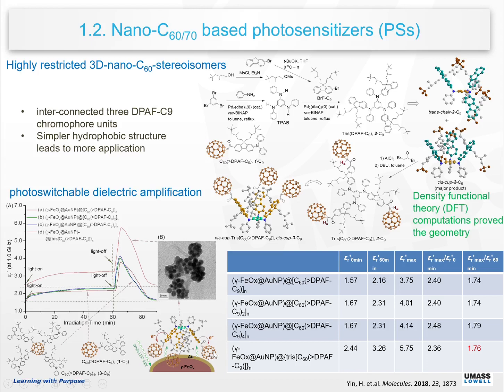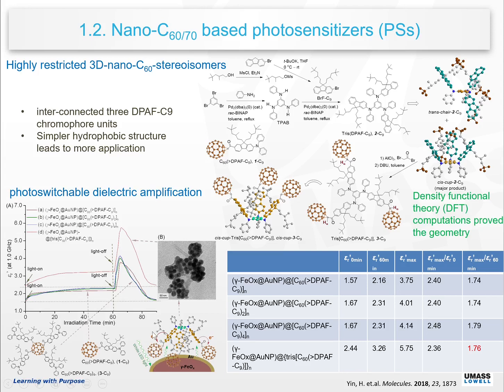Because of the strong interaction between C60 and gold, all these C60 face towards the gold. And when you shine the light on this type of system, the electron transfer from the DPAF moiety towards the C60 moiety will be enhanced by the plasmonic effect of the gold.